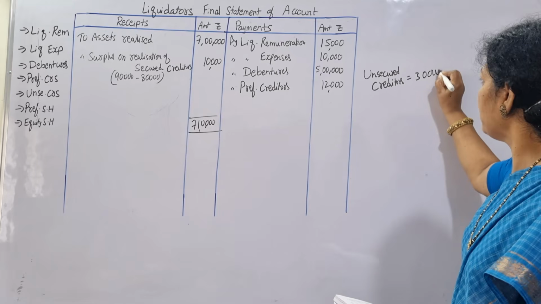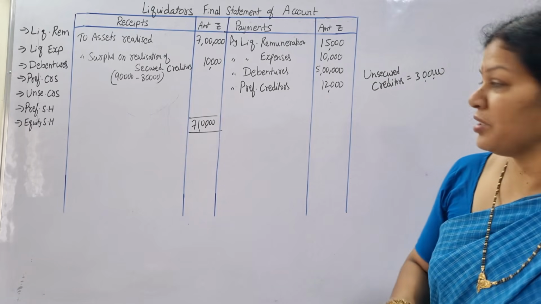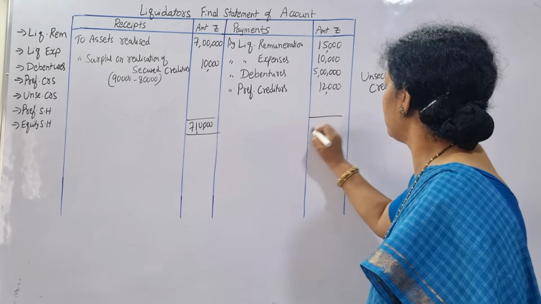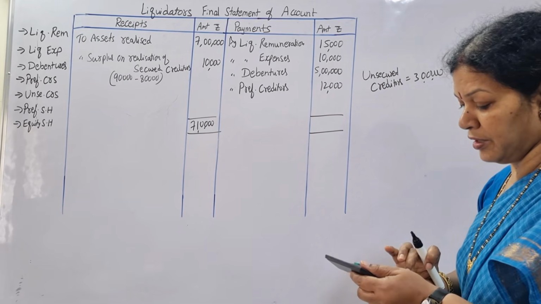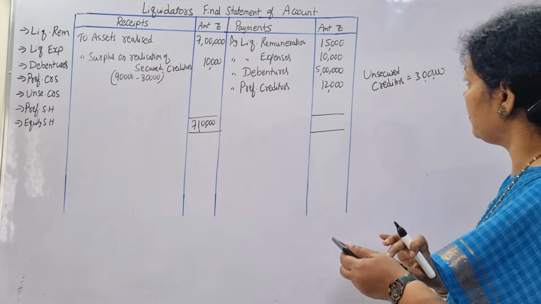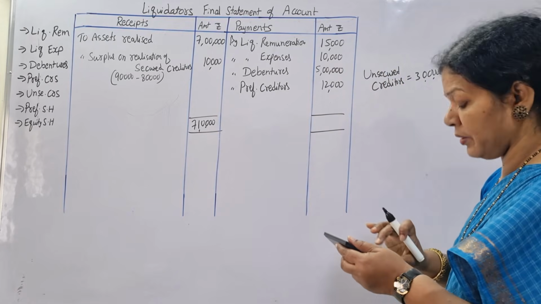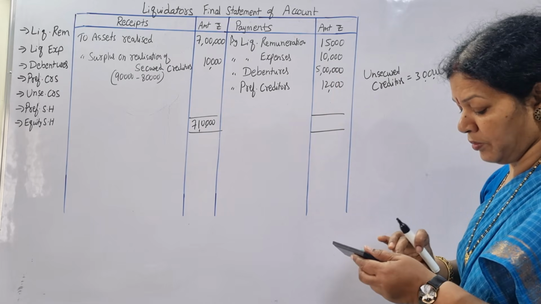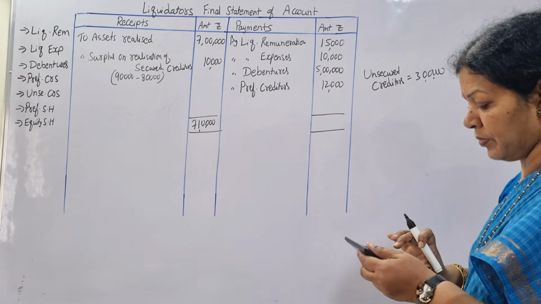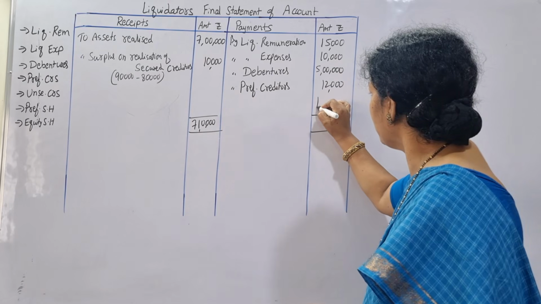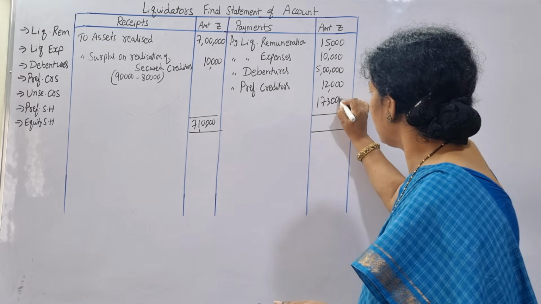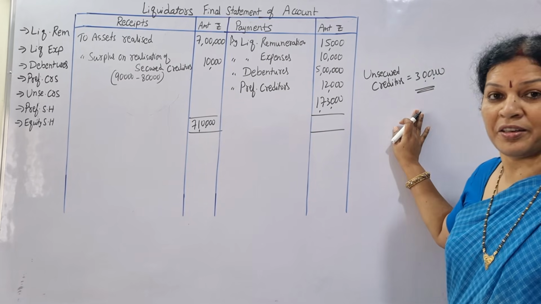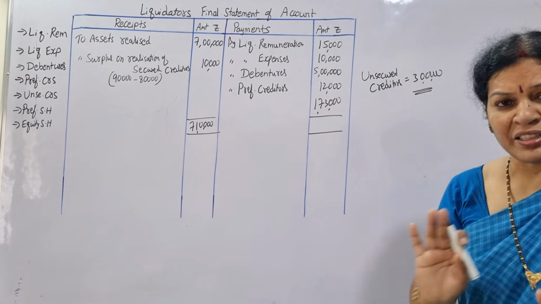We have to make a payment of 3 lakh, but see how much you are going to get. 7 lakh 10,000 minus all the payments: 15,000 plus 10,000 is 25,000, and 5 lakh 12,000. It is coming to 1 lakh 73,000 only. Actually how much do we have to pay? 3 lakh. But we have a balance of only 1 lakh 73,000.